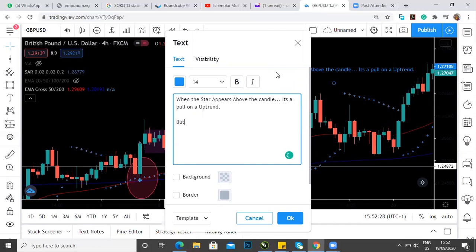But when the mark is below the candle, it's a buy.